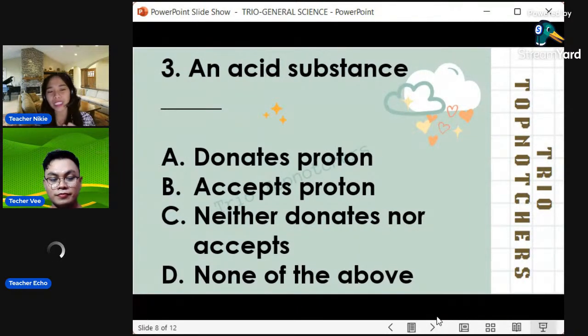Okay, so ano ba yung tamang sagot dito sa number 3? Tingnan nga natin. So, dapat maraming sumagot dito. Okay, alright. So, ano ba yung tamang sagot?